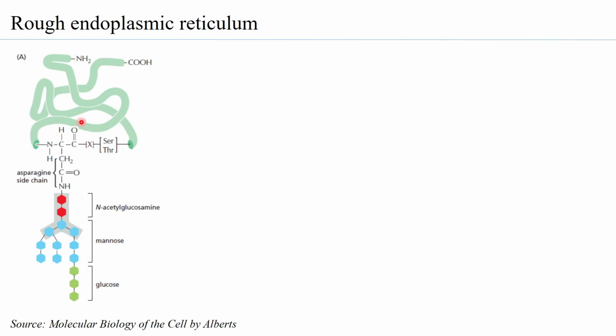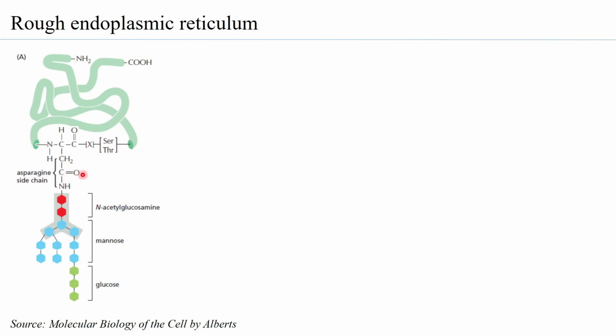But the question is, where is this oligosaccharide moiety transferred to? So this oligosaccharide moiety is transferred specifically to an asparagine residue. So asparagine has a CONH2 at the end. So it is at the NH group that the sugar is transferred, and so it is called N-linked glycosylation.